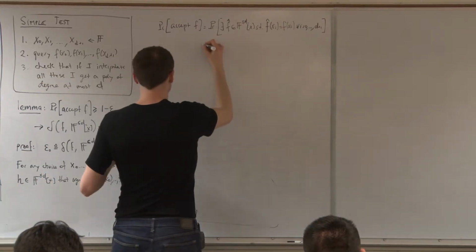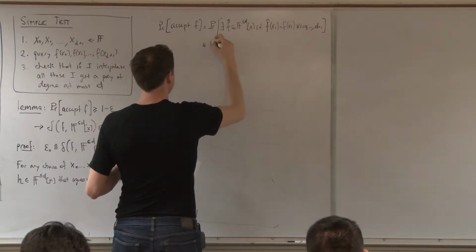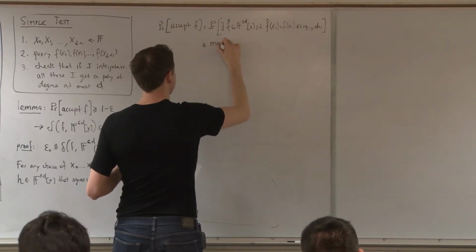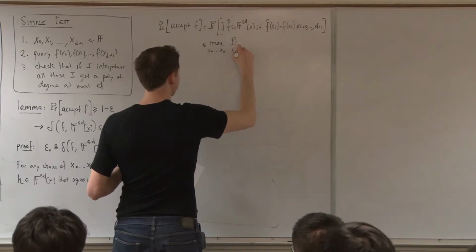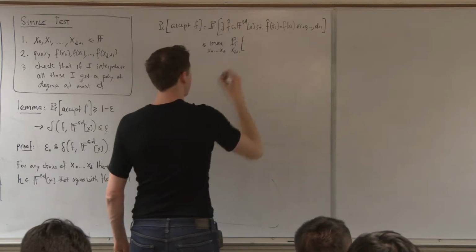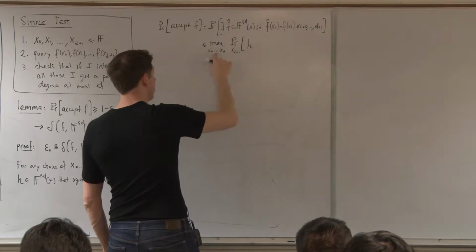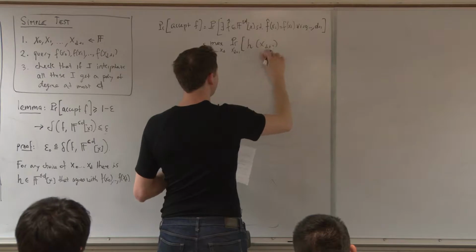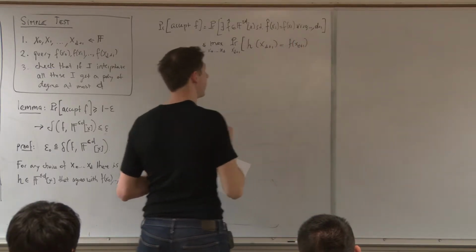Now, this is at most the maximum over x0 through xd of the probability over the last point that h, which is determined by x0 through xd, evaluated at that point equals f.